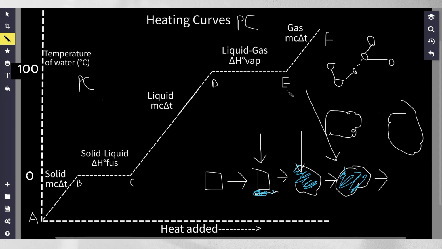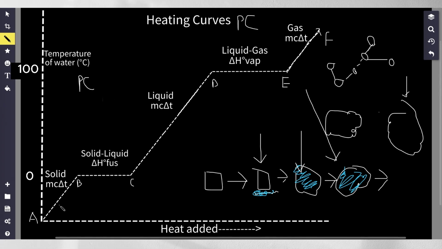And finally, at point E, we're going back up. Temperature is going up, heat added is going up, continually to point F. And point E is the phase where all of the liquid water has evaporated.